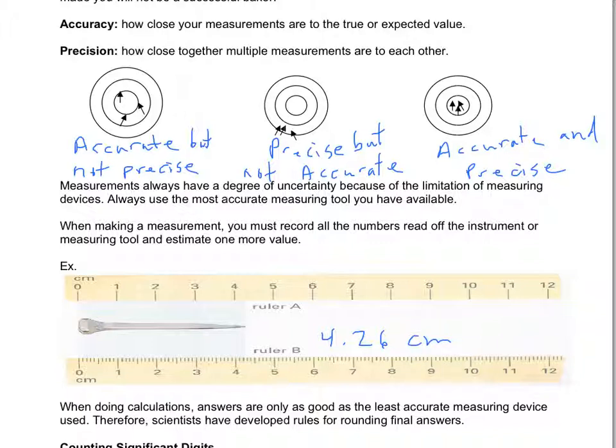Different people might look at the same object and estimate a different final number. Set up some kind of system with your lab partner where you can agree on what the measurements are. My system in university was my lab partner was right the first time we took a measurement, and I was right the next time.